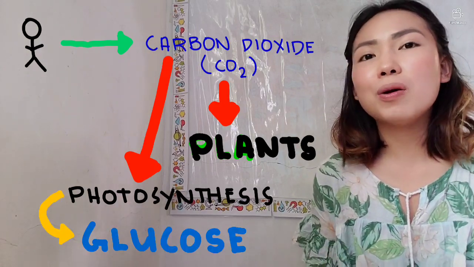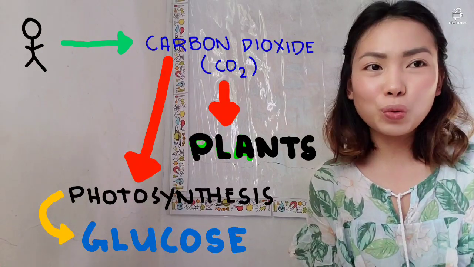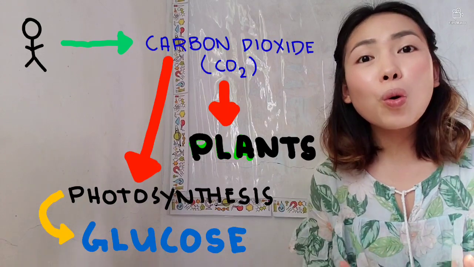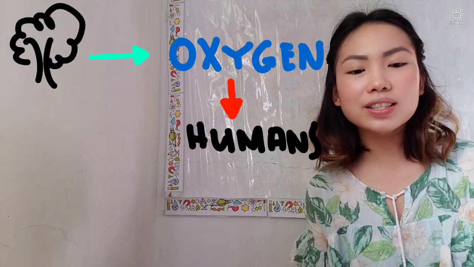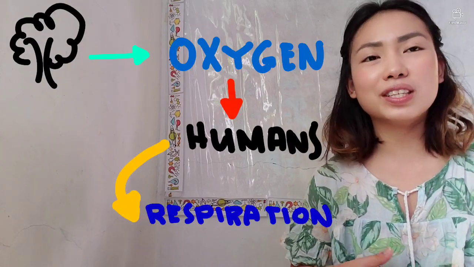So ang resulta ng photosynthesis para sa plants is the glucose, para makapag-produce sila ng glucose or sugar. On the other hand, the plants that give off the oxygen taken by humans is the result of respiration. Kagaya nung in-explain natin kanina.